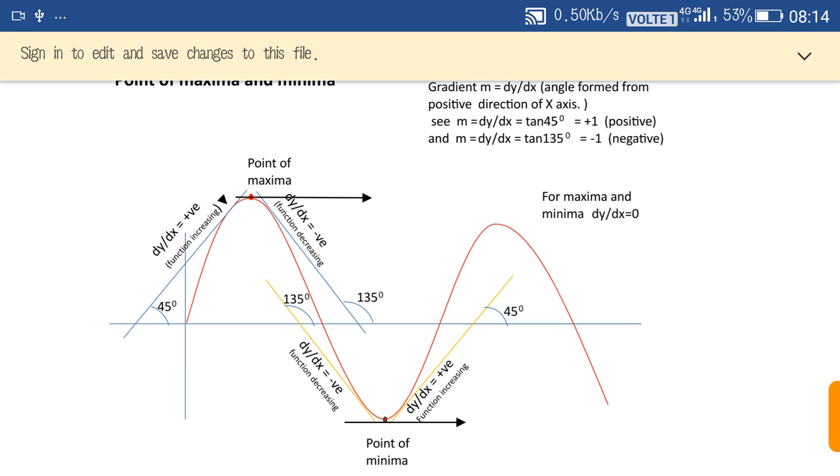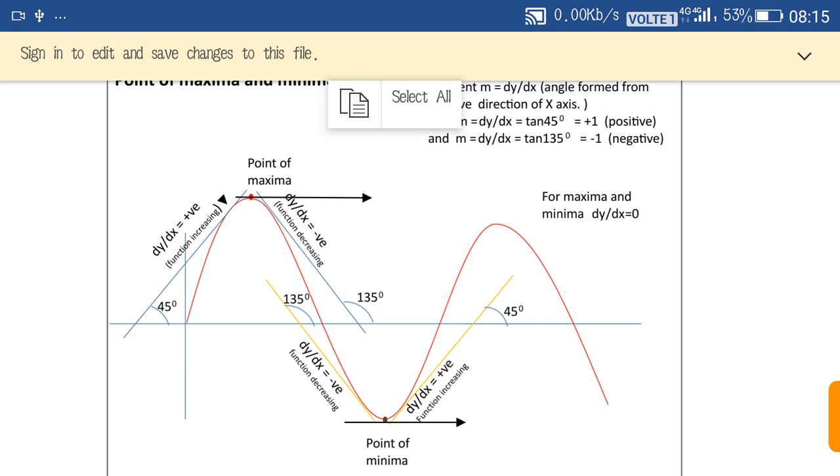So after the point of maxima the function is decreasing. Before the point of maxima the function is increasing, and after it the function is decreasing. So the point of maxima is a turning point also. And similarly, in the case of the point of minima, you see here, this point is the point of minima, and before it the function is decreasing.